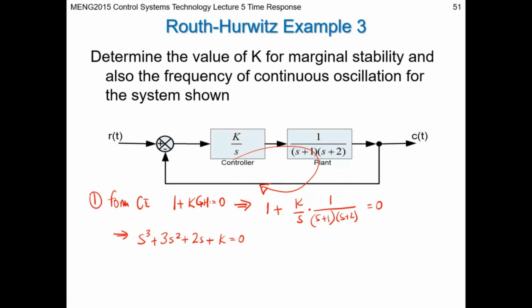So this one's a little different because obviously now the characteristic equation will change a bit with k. As k changes, the characteristic equation will change. But let's continue pressing on with Routh-Hurwitz for now.